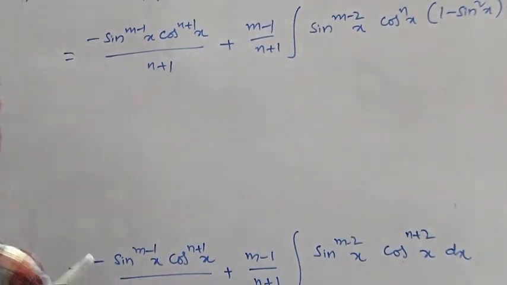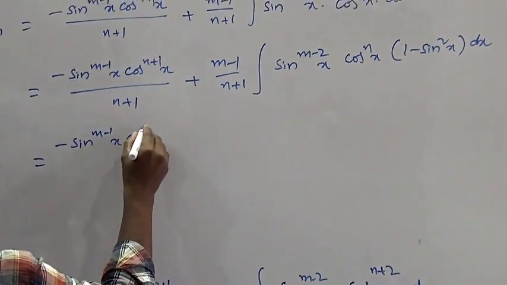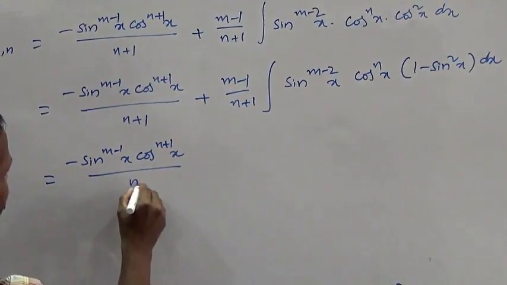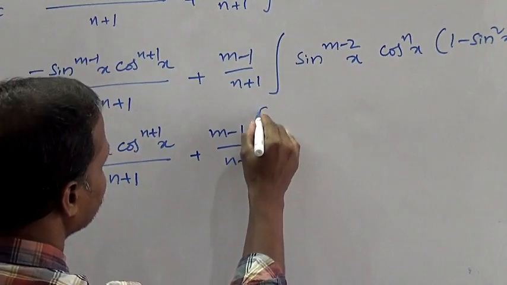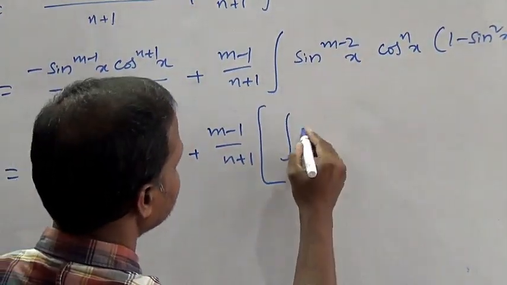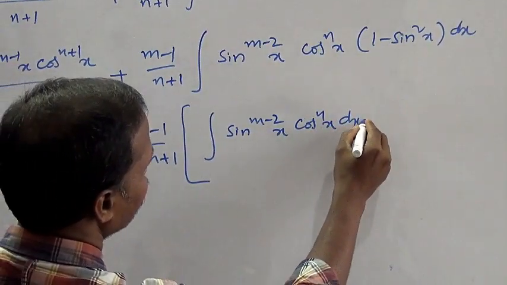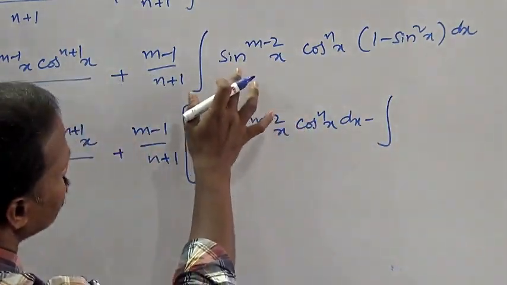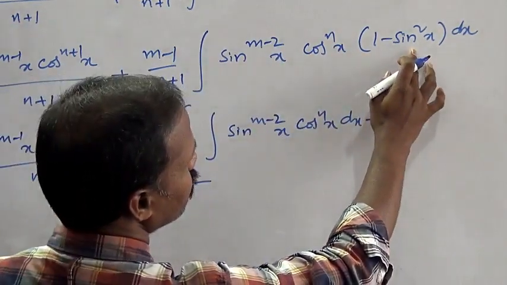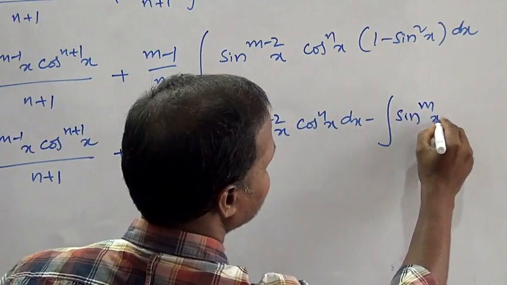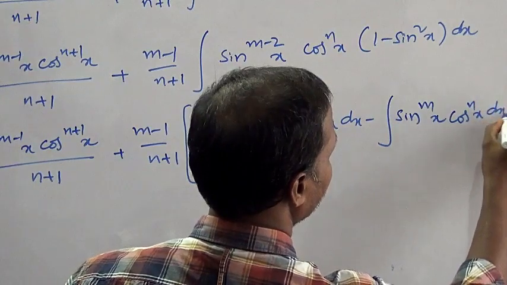Now this is equal to minus sin^(m-1) x cos^(n+1) x by (n+1), plus (m-1) by (n+1) times the integral of sin^(m-2) x cos^n x dx, minus the integral, so if you multiply this, what you will get? sin^(m-2+2) x, which is sin^m x, into cos^n x dx.